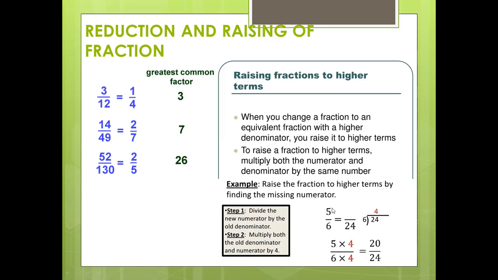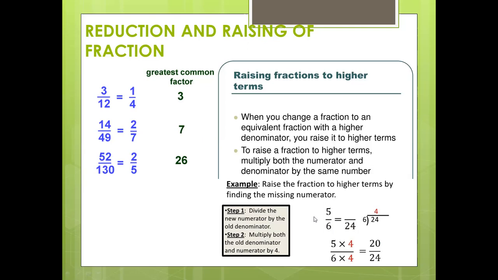So we have here an example: 5/6 is equal to a missing numerator over 24. 24 is our new denominator. Now, how are we going to find it? First, our first step is to divide the new denominator by the old denominator.